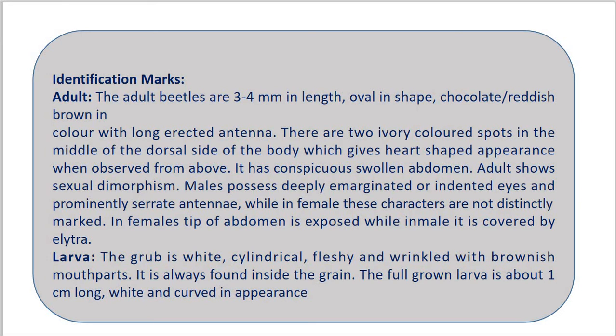There are two ivory colored spots present on the middle of the dorsal side of the body, which give a heart-shaped appearance when observed from above. It also has a conspicuous swollen abdomen.